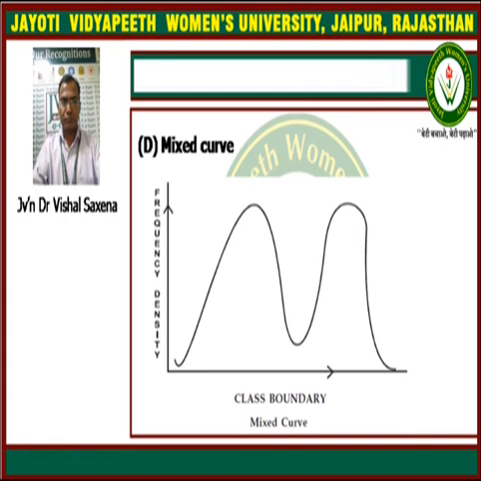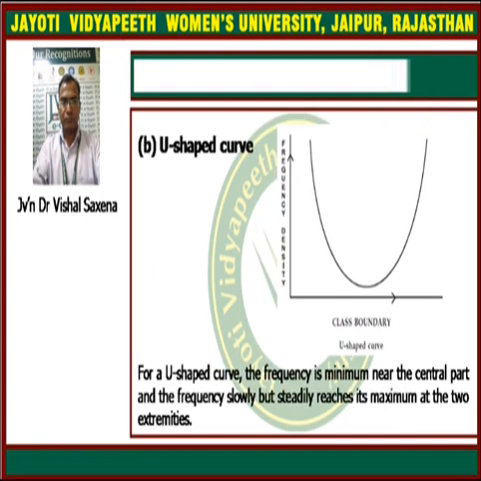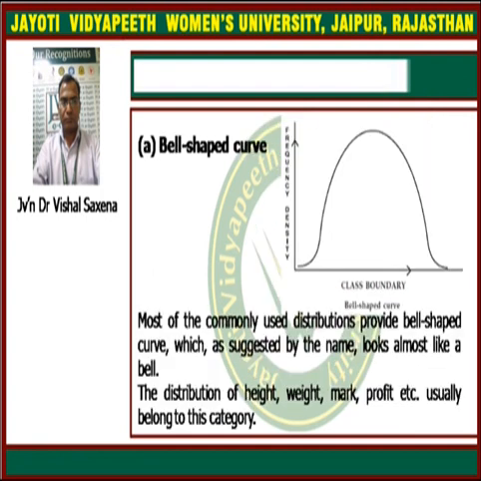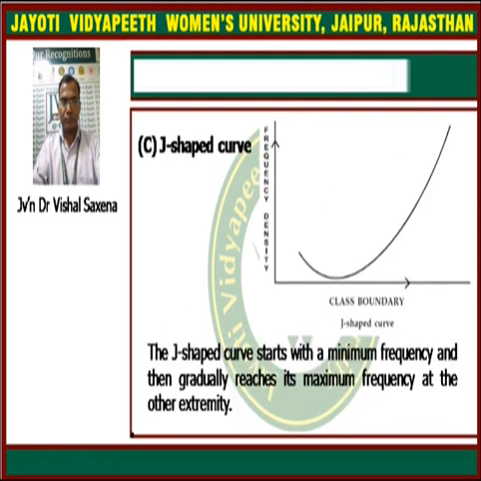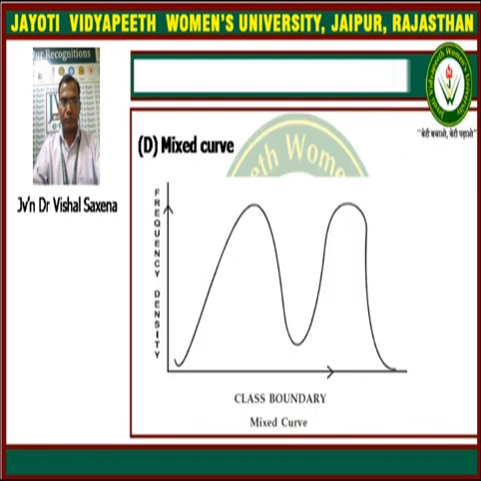A mixed type curve means the curves which we have already shown, like the U-shaped curve, the J-shaped curve, and the bell-shaped curve, taken combinedly.